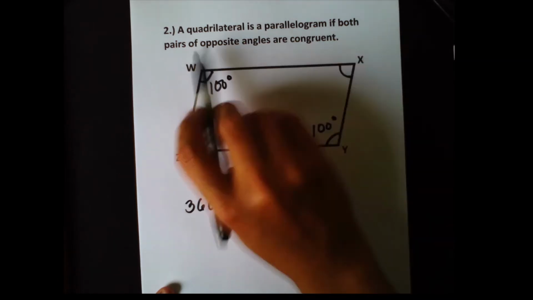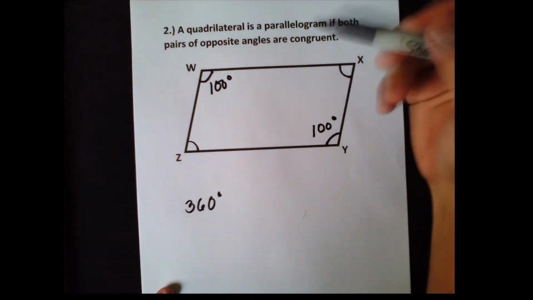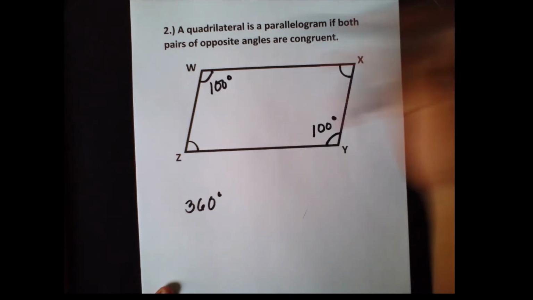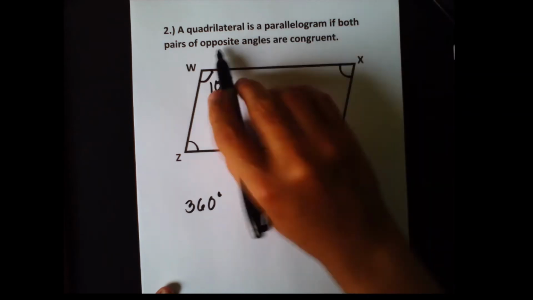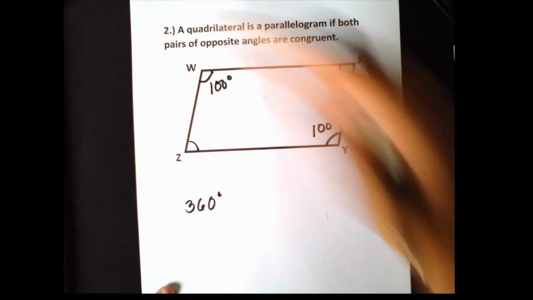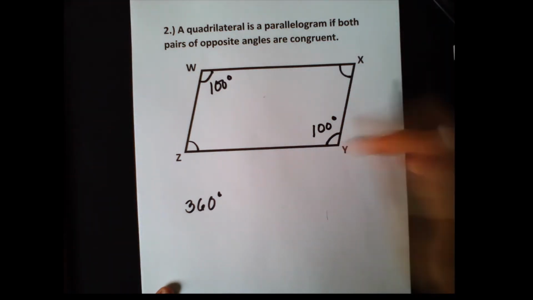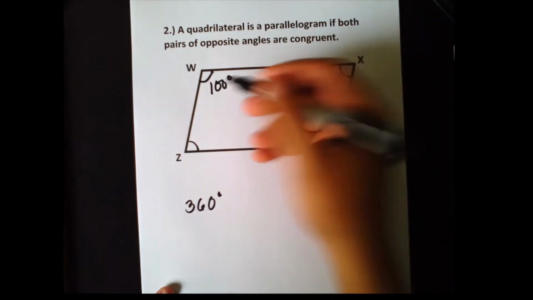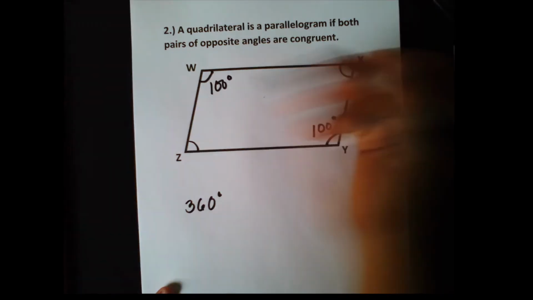As I said a while ago, based on the condition, the opposite angles are congruent. So angle W and angle Y are congruent, and if this is 100 degrees, this will also be 100.